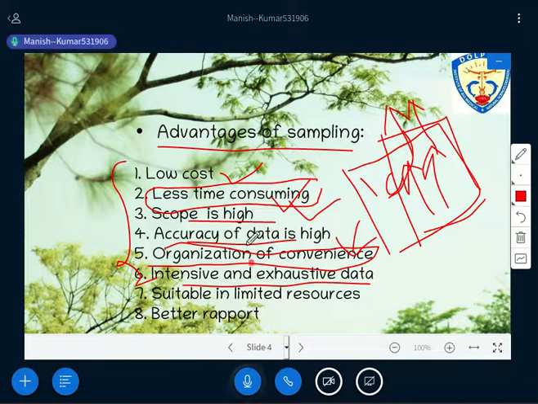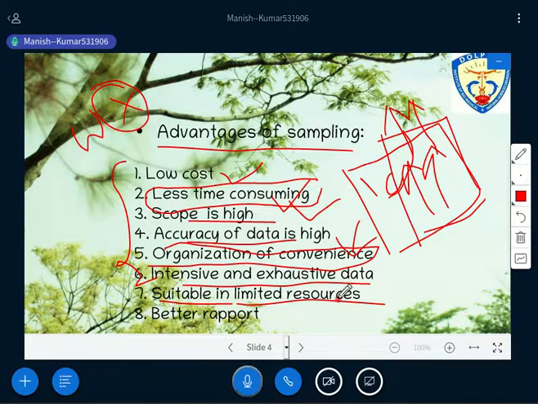Okay, fine. Now, another advantage that you get through sampling is that it is suitable for limited resources. It is a very common understanding. Whatever organization you have, all organizations have very limited facilities, right? For example, you are opening an organization, obviously you have a limited number of staff, limited funds, limited equipment, all the things will be very limited, isn't it?